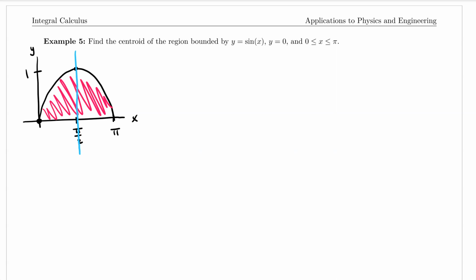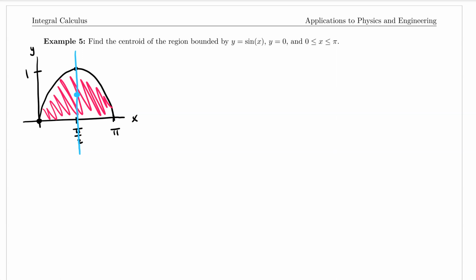And so we actually can do half of the work for the centroid. The x-coordinate for our centroid would need to be pi over 2 because of our symmetry principle. But we still need to find y bar, which is the y-coordinate of our centroid.